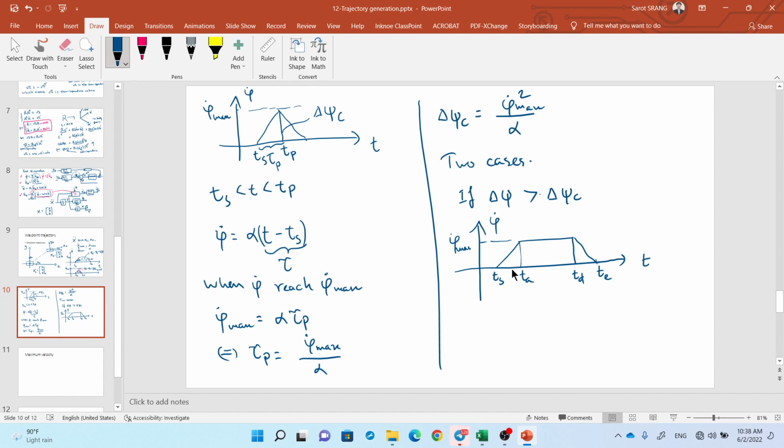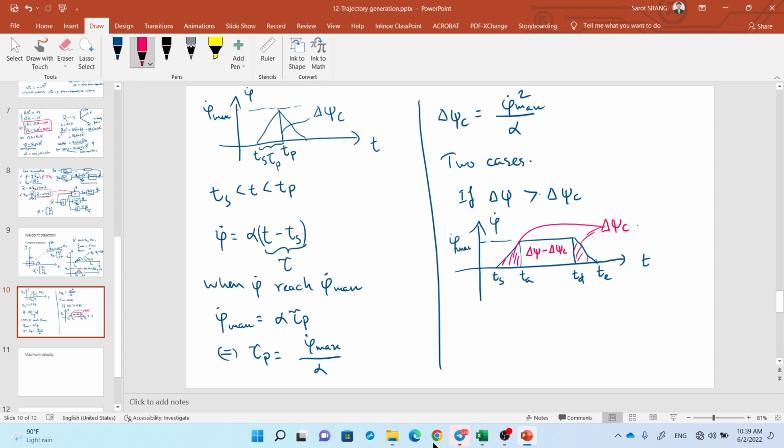In this case you still know that this area plus this area, the red one, is delta psi c. So this area must be delta psi minus delta psi c.